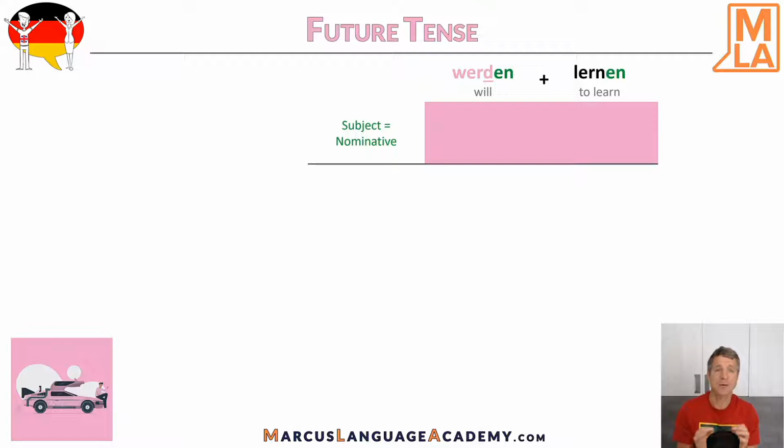Unfortunately, the auxiliary verb werden is irregular because in some forms the E becomes an I. But the first person singular is fortunately still regular. Ich werde. And interestingly, for the main verb, you simply use the infinitive, lernen, as in our example sentence.